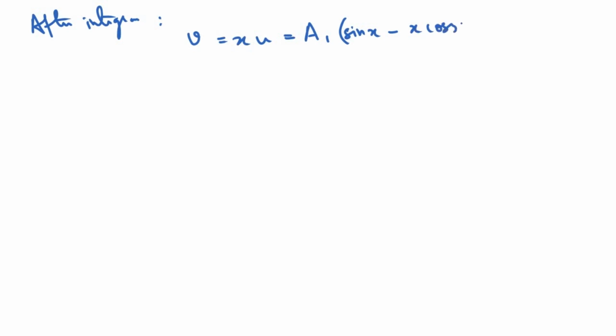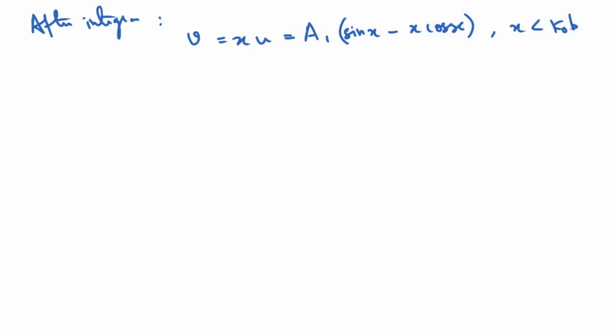After integrating, we will get v is equal to x into u is equal to a1 (sin x minus x cos x). Every time I am writing the solution, I am putting the condition as well. This is important.